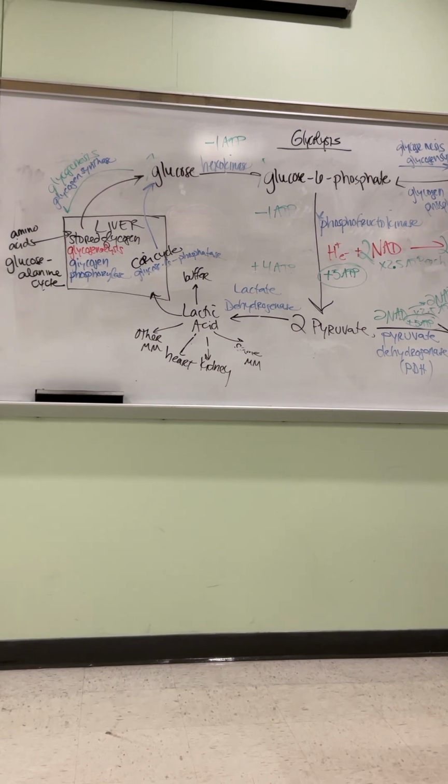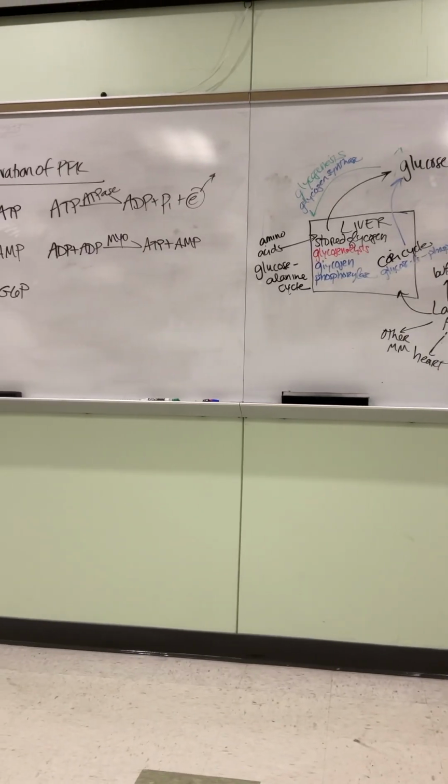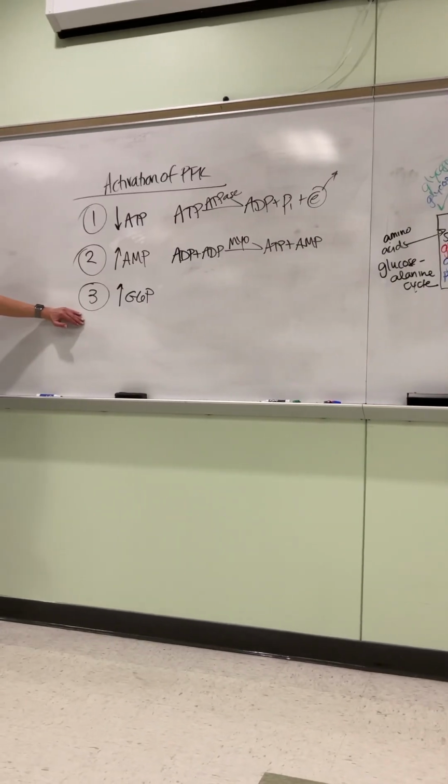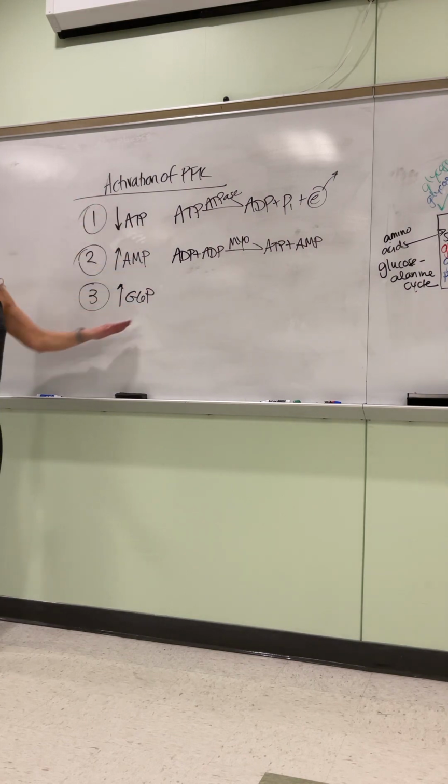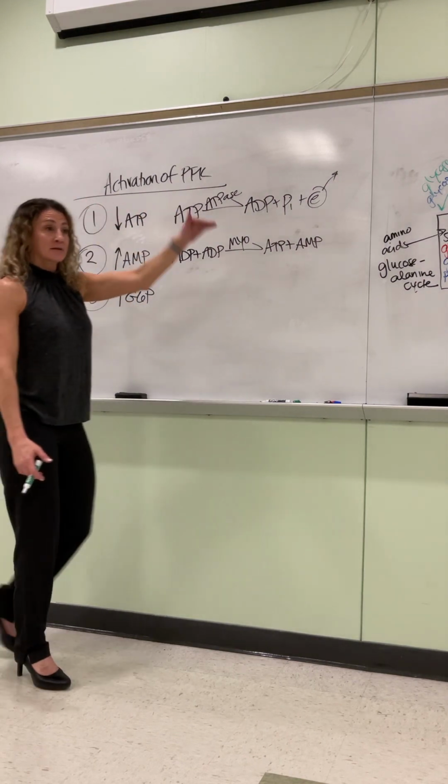Okay, so all of these things are occurring with increased exercise intensity. The more intense your exercise, the more intense this situation gets. The more intense your exercise gets, the more these things are happening, the more activated PFK gets.